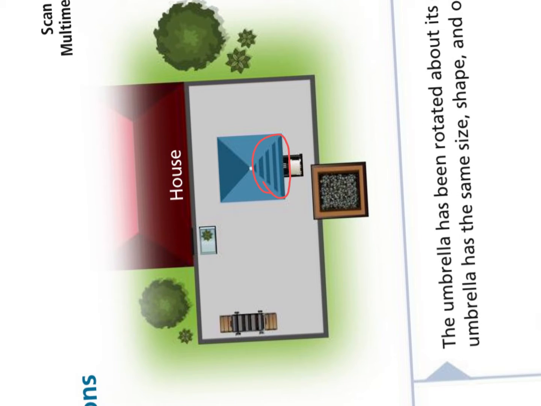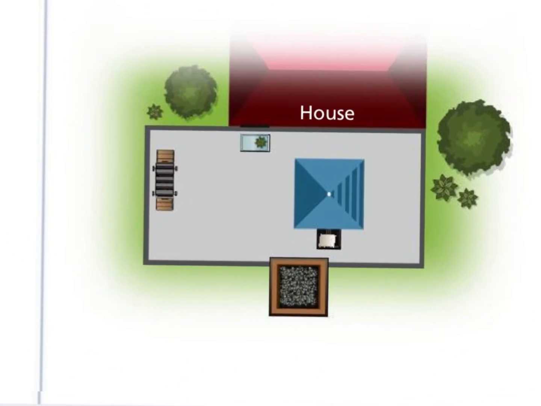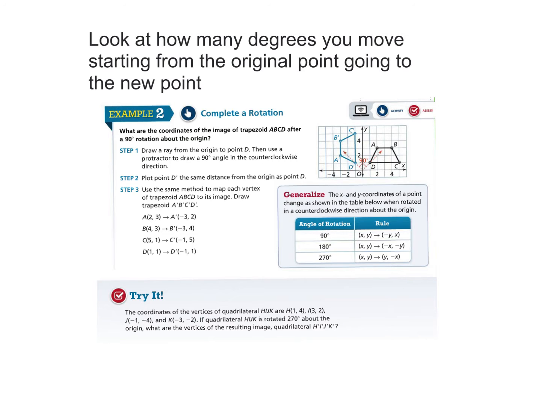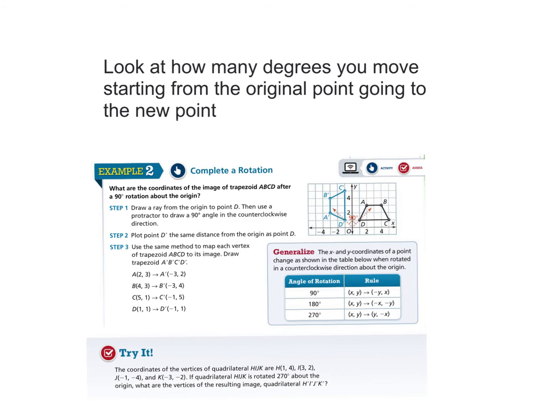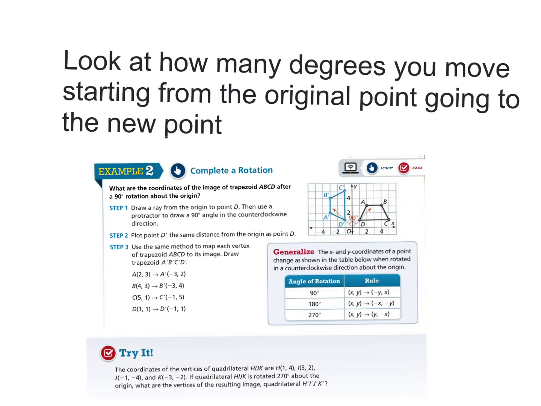If it helps you, draw out a clock and go backwards on the clock; sometimes I have to think about it a little bit myself. So we look at how many degrees you move starting from the original point going to the new point. That's one way of doing this.